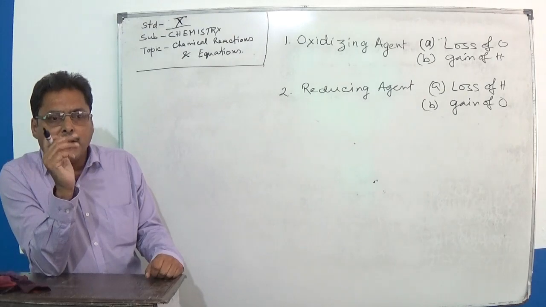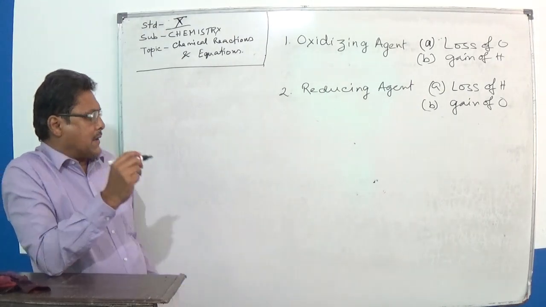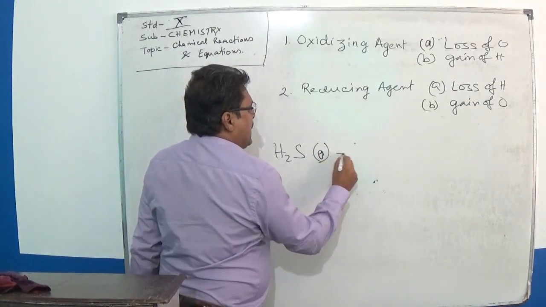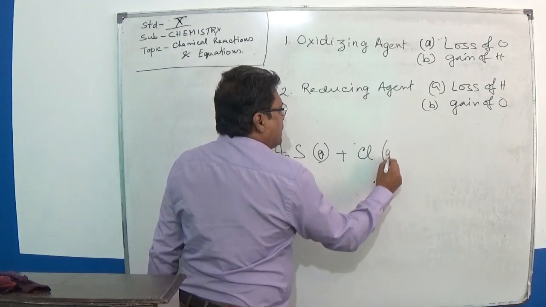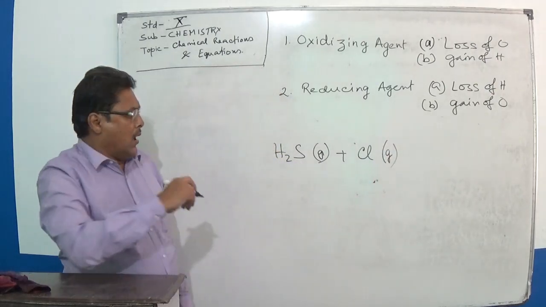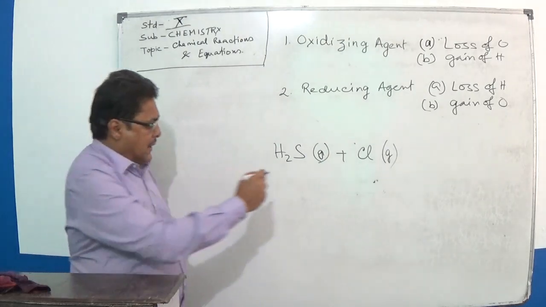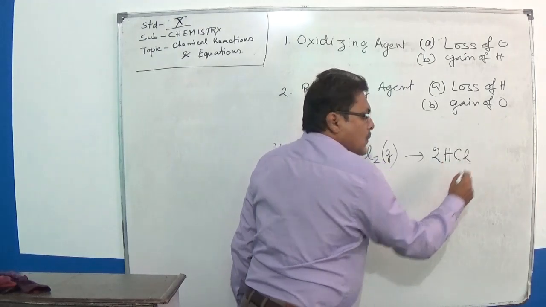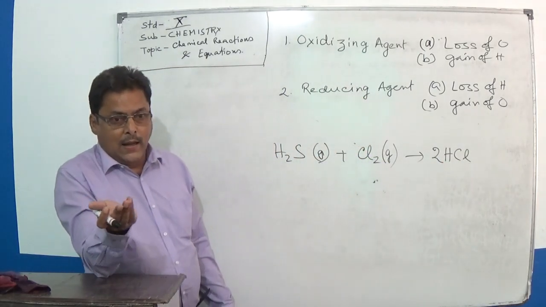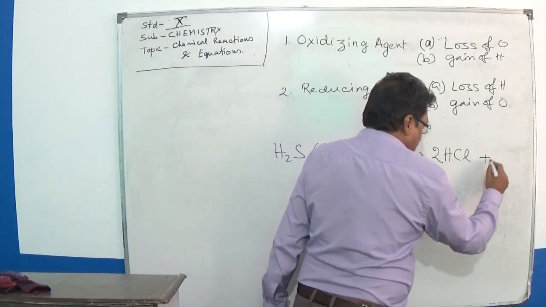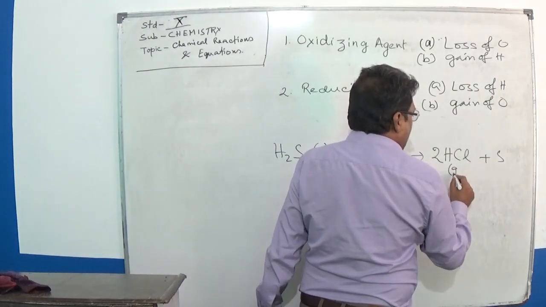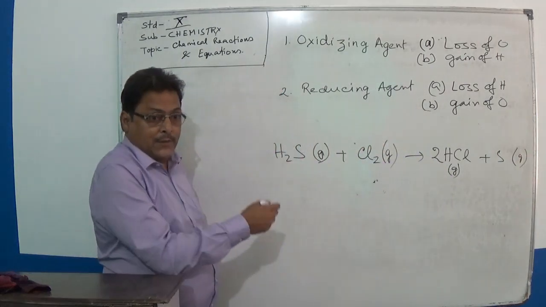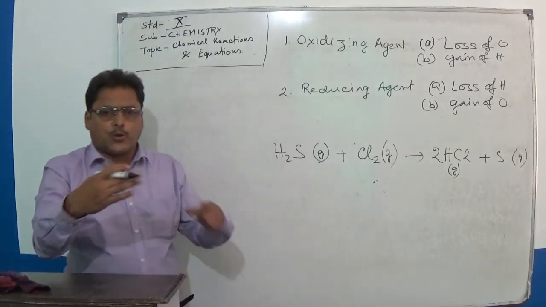Now we take hydrogen sulfide gas and chlorine gas. What will happen is that we get sulfur, that is also a gas, and HCl, which is also a gas. That doesn't matter. The point is that we have to keep some heat here.